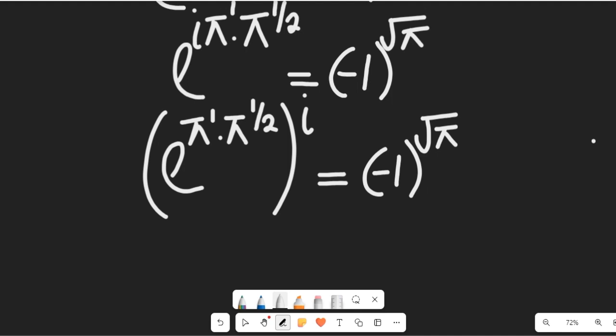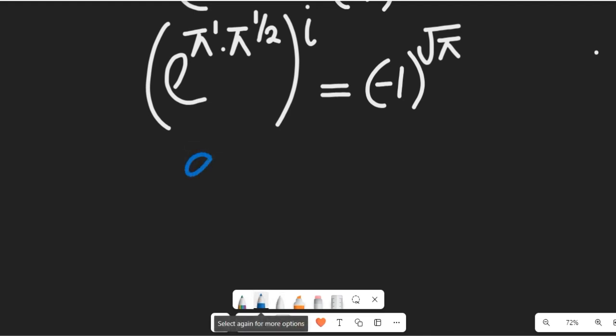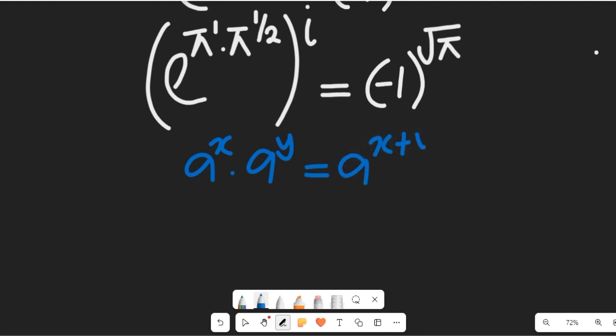Great. So what do I do? From the law of indices, you can find out that if I have a to the power of x multiplying a to the power of y, this will give me a to the power of x plus y, because that is exactly what this expression will give me. Exponent pi to the power of 1 multiplying the exponent power of pi half, right?